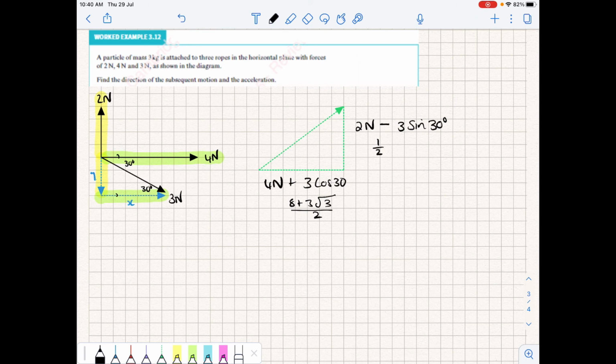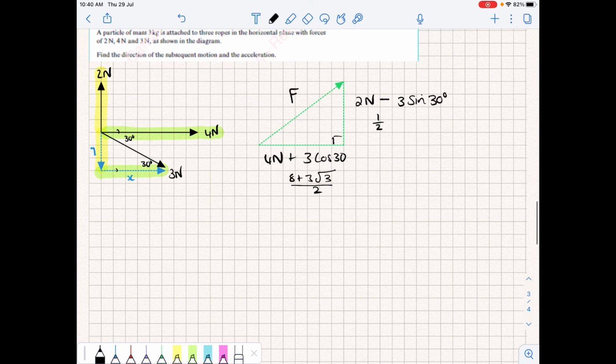Now that we've calculated the horizontal and the vertical force, we're ready to find the resultant force. That's just the hypotenuse of this right angled triangle. So I can say that F is equal to the square root of the horizontal component squared plus the vertical component squared.